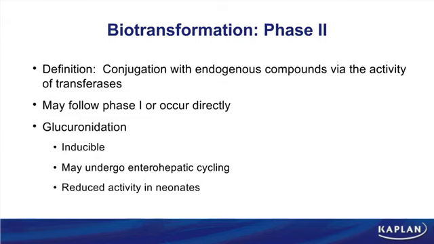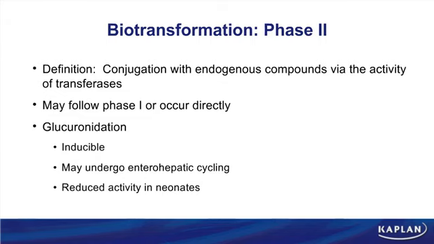So you're going to take a glucose-like molecule and attach it to the drug, or conjugate it with the drug, and that's the idea. But in order to attach a molecule, a glucose-like molecule in this case, to the drug, you need an enzyme. And those enzymes are transferases. So make this connection: all phase 2 reactions involve transferase enzymes.